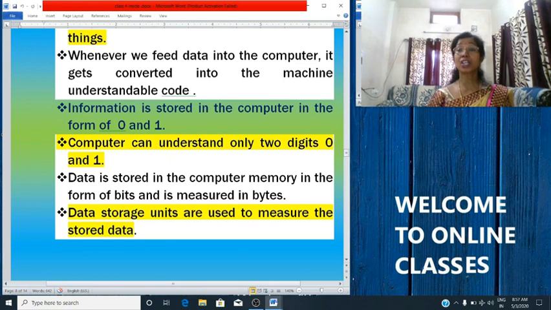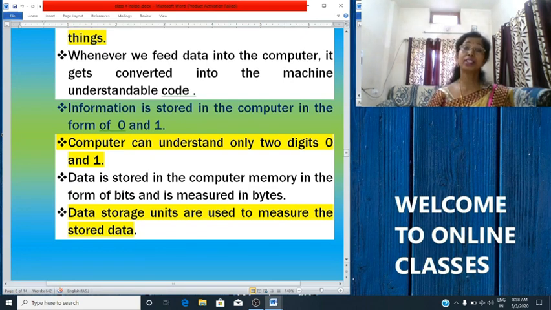These two states, off and on, are associated with the digits 0 and 1. You know, I already told you 0 and 1 are the binary numbers. Such an element is said to represent one bit.